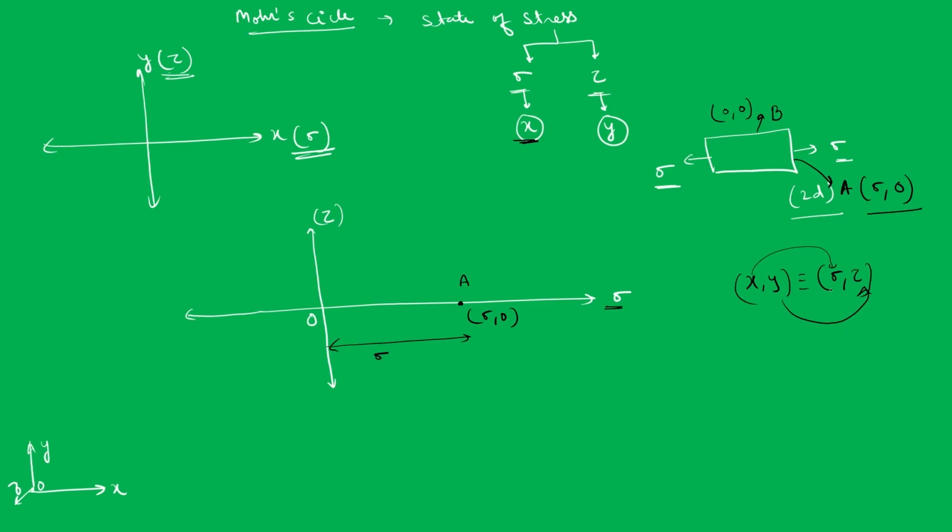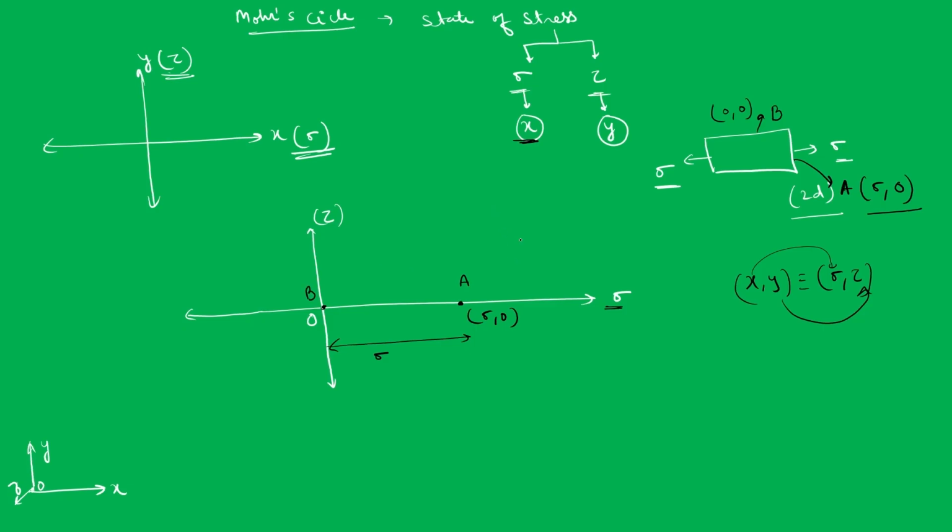In the x direction we have normal stress but no shear stress. Here we do not have any normal or shear stress, so 0 comma 0. This will be my b.